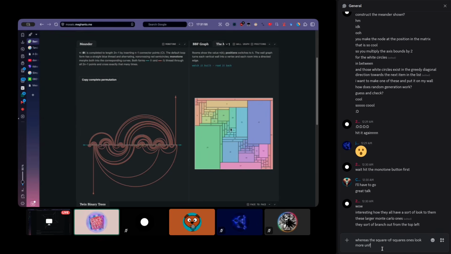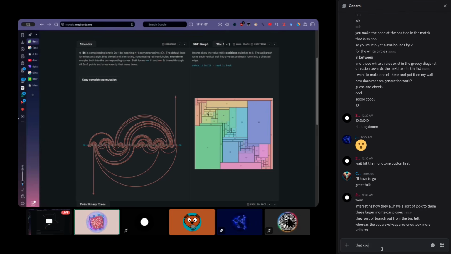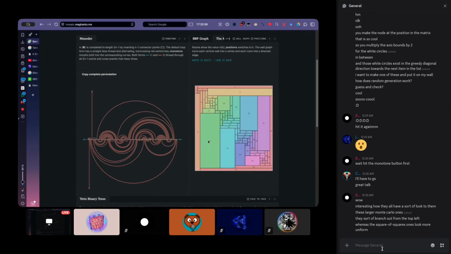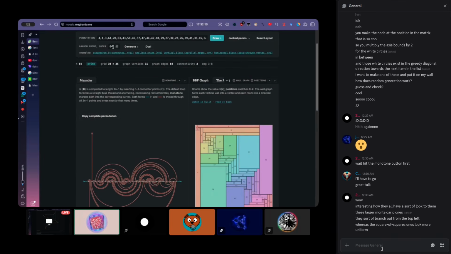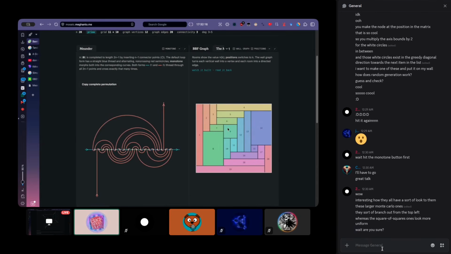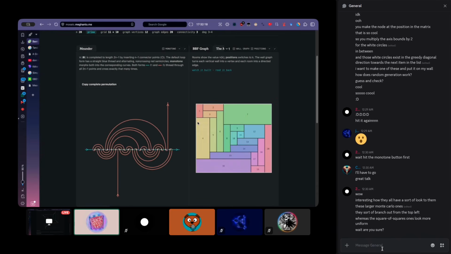The layouting that I'm using kind of wants to branch out from the top left and generate these canonical forms. It's also doing that at 20, but it's hard to see because the scale is so low.